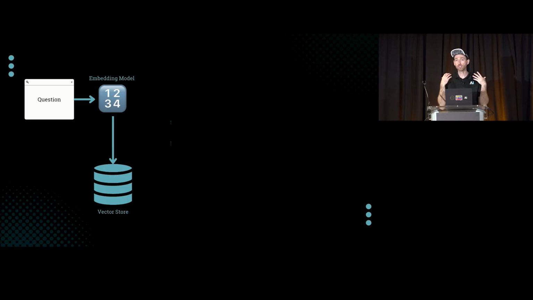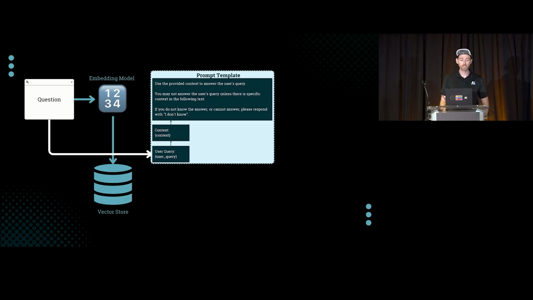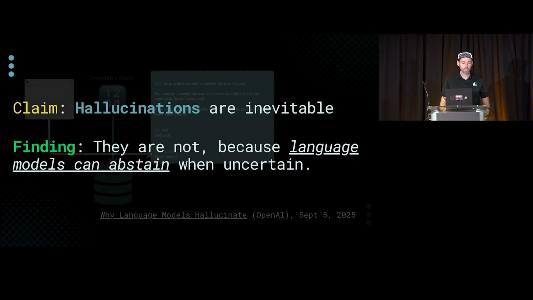And so we're basically using embedding space to very, very quickly search our documents to return stuff that's similar to our query. We say something like use the provided context to answer the user's query. If we don't know the answer, LLM, please tell me I don't know, don't lie to me, don't hallucinate.